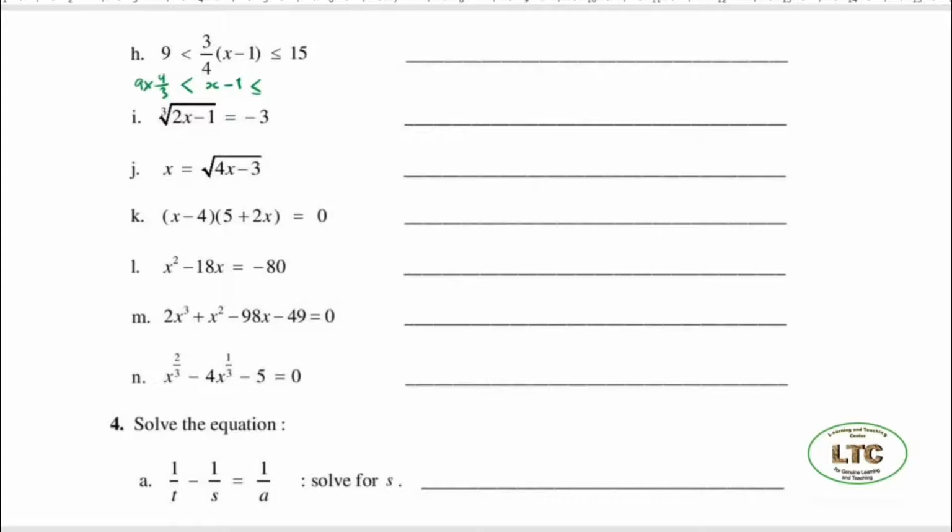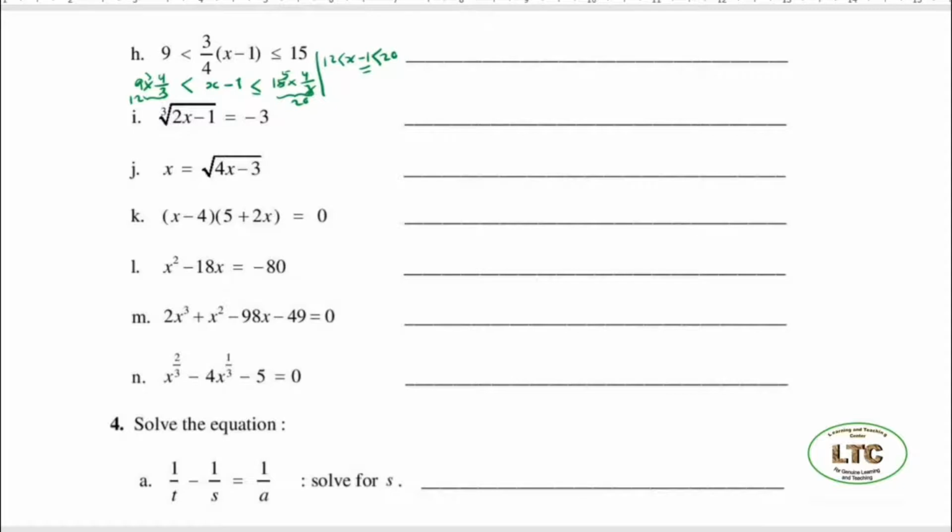Okay, if you multiply 15 and 4/3, you got 20. Yeah? So this is 20, this is 12. So you got 12 smaller than x minus 1 less than 20.